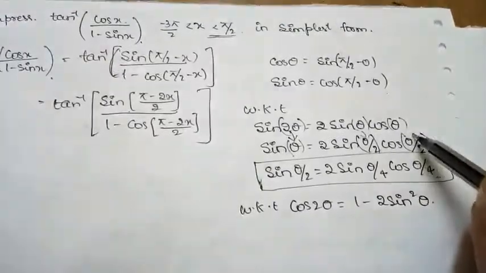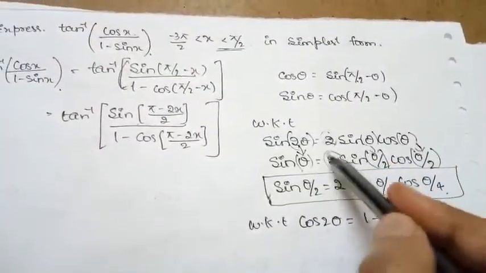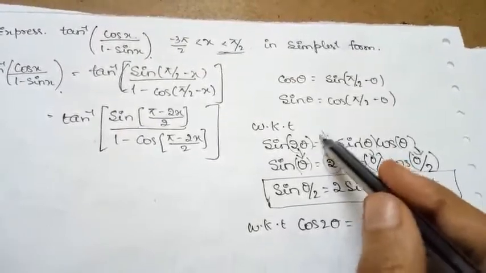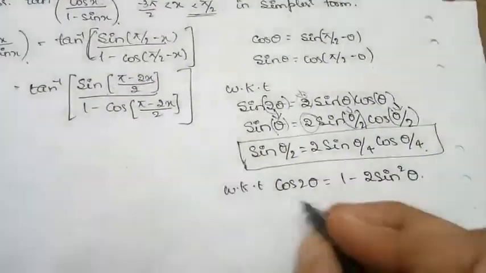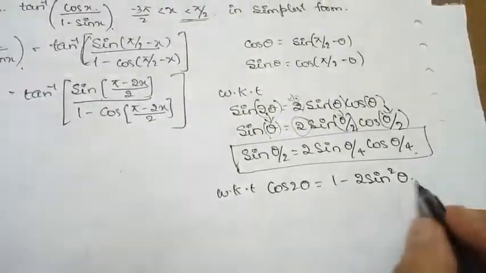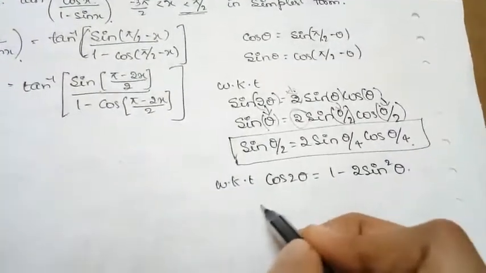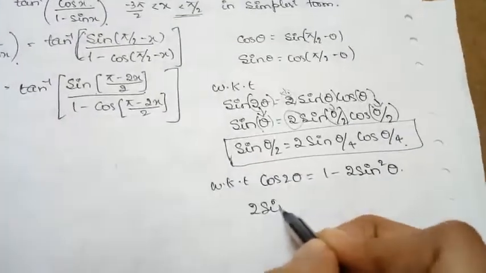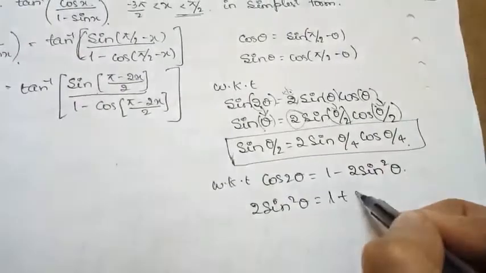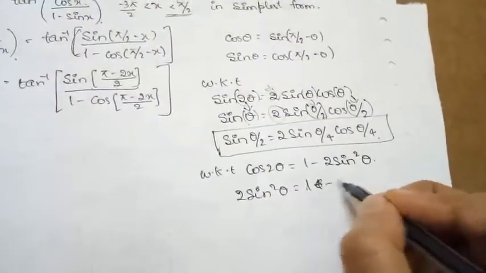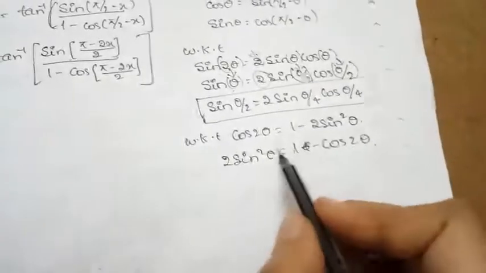Again, cos 2 theta is equal to 1 - 2 sin square theta. Arranging it, 2 sin square theta is equal to 1 - cos 2 theta.